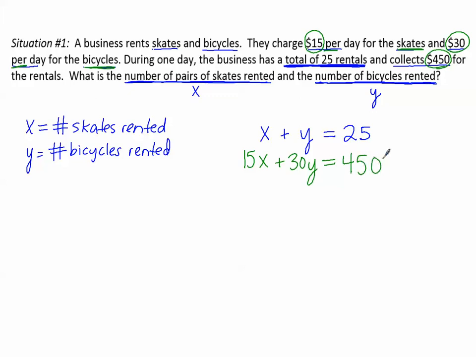Now, we've solved equations before, but we've never had to solve when we had two equations. This is called a system of equations. And today we're going to talk about a method for solving a system of equations. We'll revisit this problem another time.